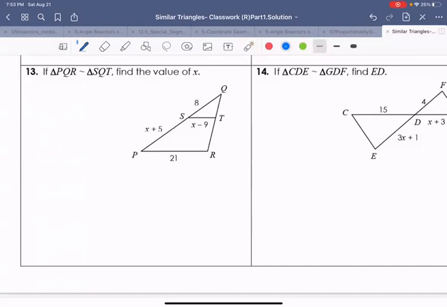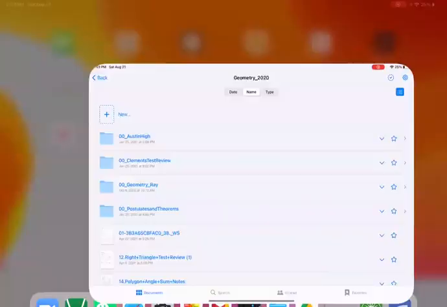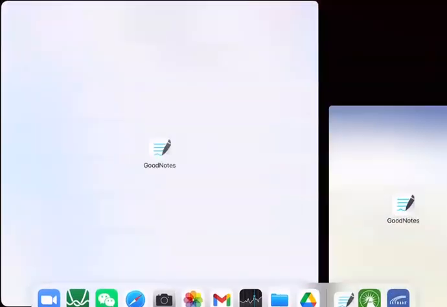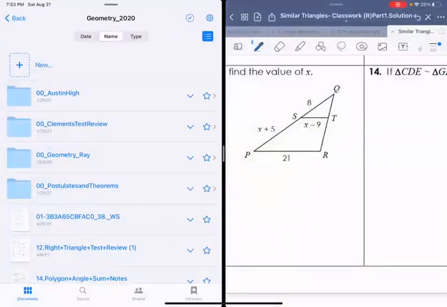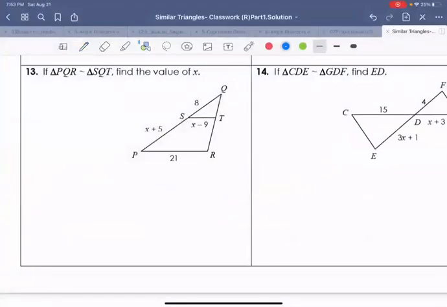We do SQ over who? PQ. Very good. PQ equals QT over... yeah, that's fine, but we will not use it.